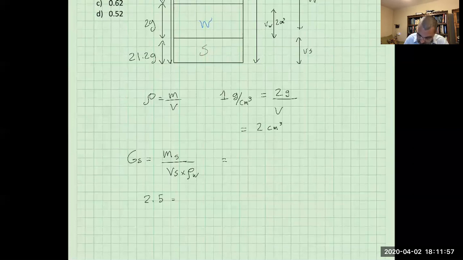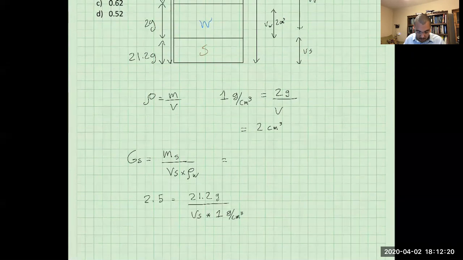Mass of solids, 21.2 grams, divided by volume of solids multiplied by density of water, which is 1 gram per centimeter cubed. And now we can easily find this using our calculator.